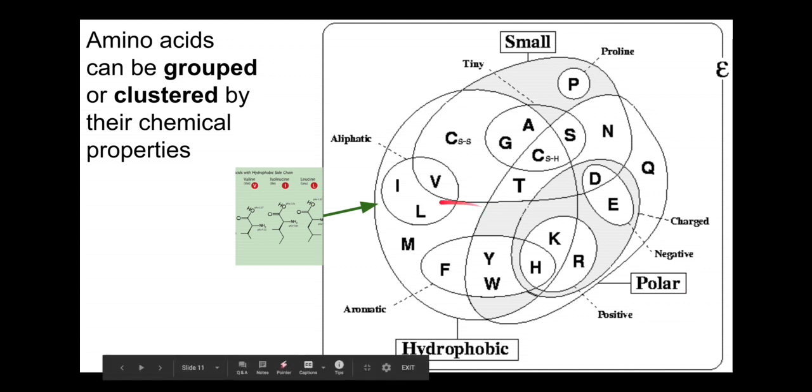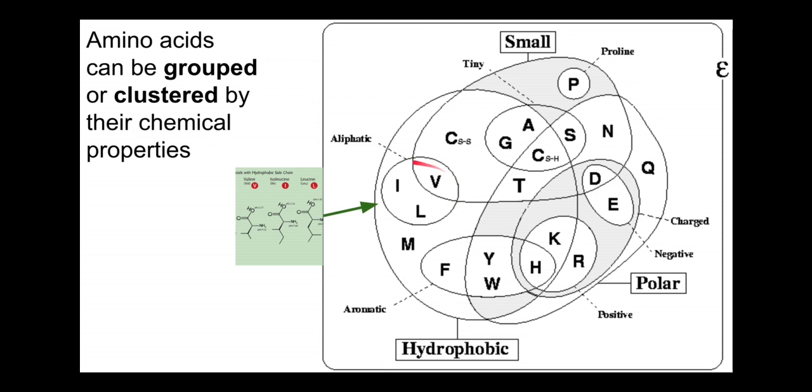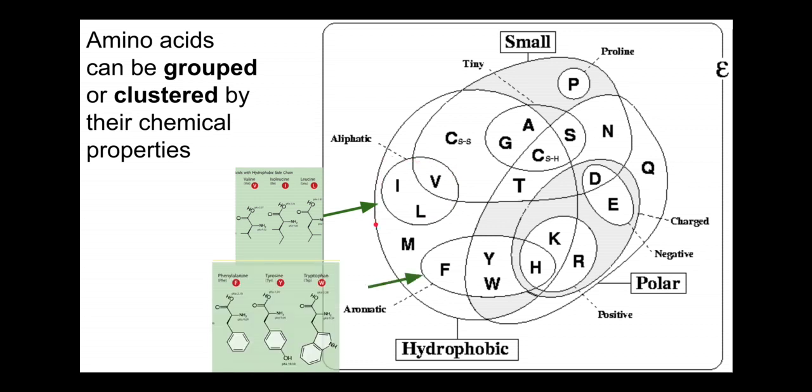So over here we have isoleucine, leucine, and valine, all small hydrophobic molecules. Phenylalanine, tyrosine, and tryptophan are over here. These are large hydrophobic molecules. Both of these groups are next to each other on this diagram.